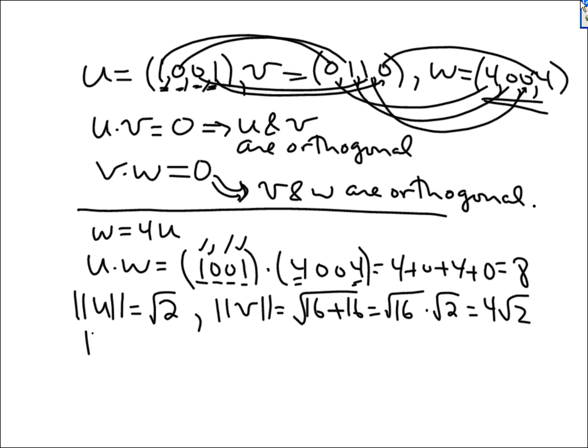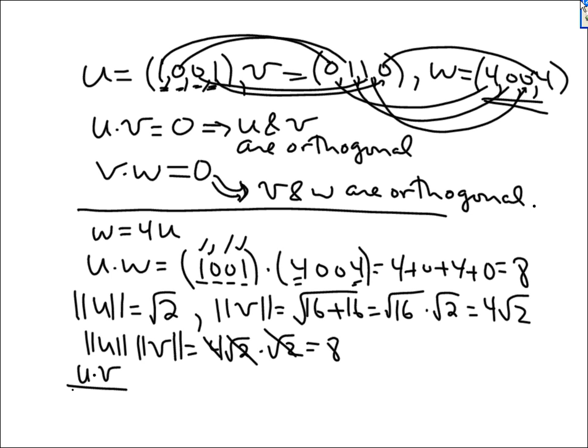The length of u times the length of w. The square root of 2 times the square root of 2 is 2, times 4 is 8. Now, u dot v over the length of u times the length of v, let's see where it is. Ah, shucks.